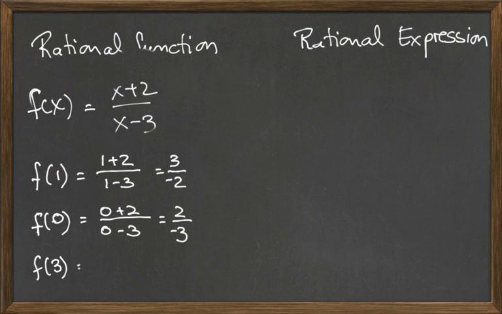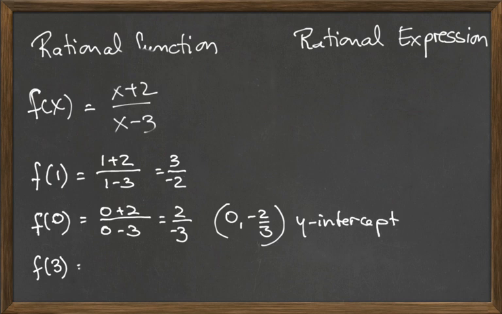Where you put the negative, it doesn't really matter as long as you put it there somewhere. Now f of 0 is negative 2/3. That point has a special name. If you were to graph this function, what kind of point is that? The y-intercept. This point would be 0, negative 2/3, and that is called the y-intercept.